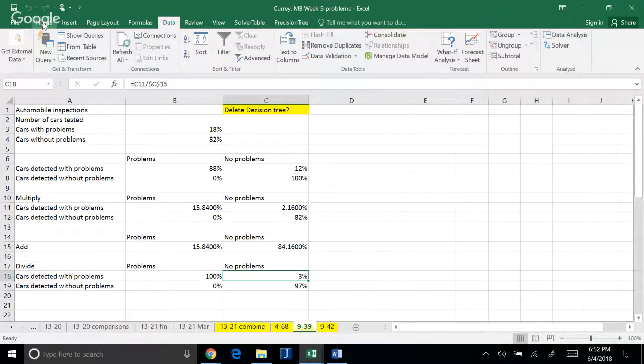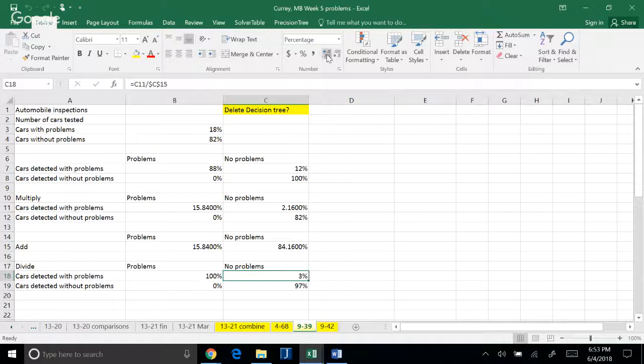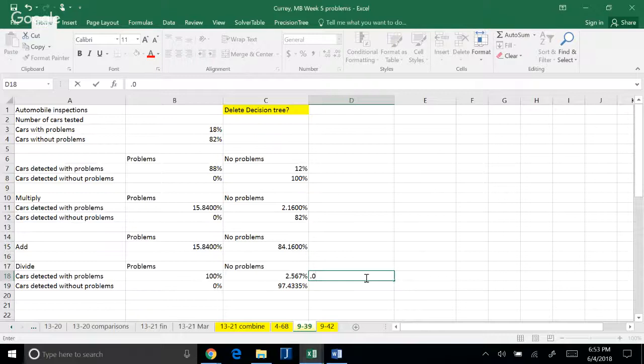Check this because this may just be a rounding issue. This actually looks very close. Yeah, this is the correct answer right here. Yeah, this is right. So the problem is right. It is 2.567%. The other way that might look is 0.0257. So anyway, this is correct. So it's 2.57% or 0.0257. So great work on this, Mary Beth.